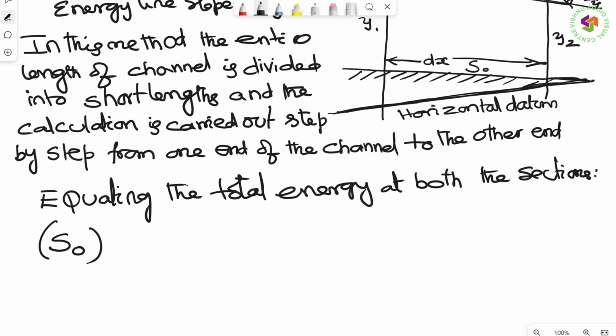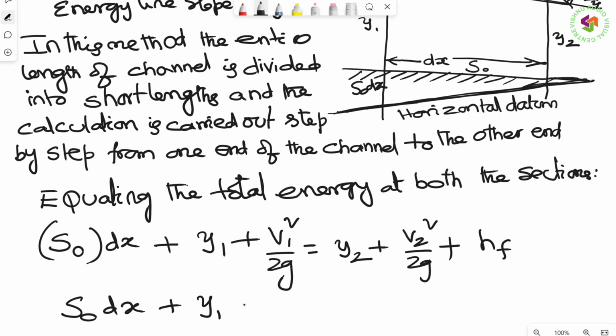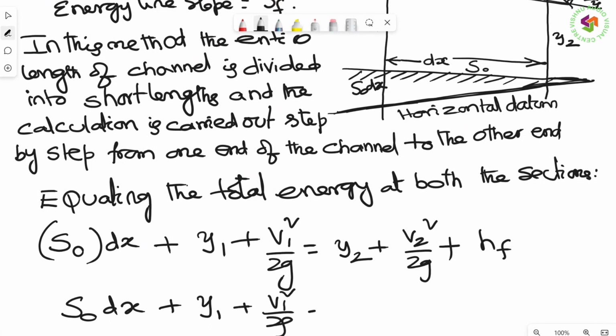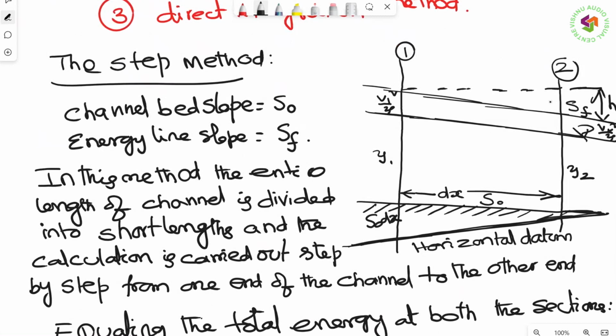Section 1, S0 into dx plus y1 plus v1 squared by 2g is equal to, here 0, this is only y2 plus v2 squared by 2g plus hf. So S0 dx plus y1 plus v1 squared by 2g is equal to y2 plus v2 squared by 2g plus, this hf is nothing but sf into dx.